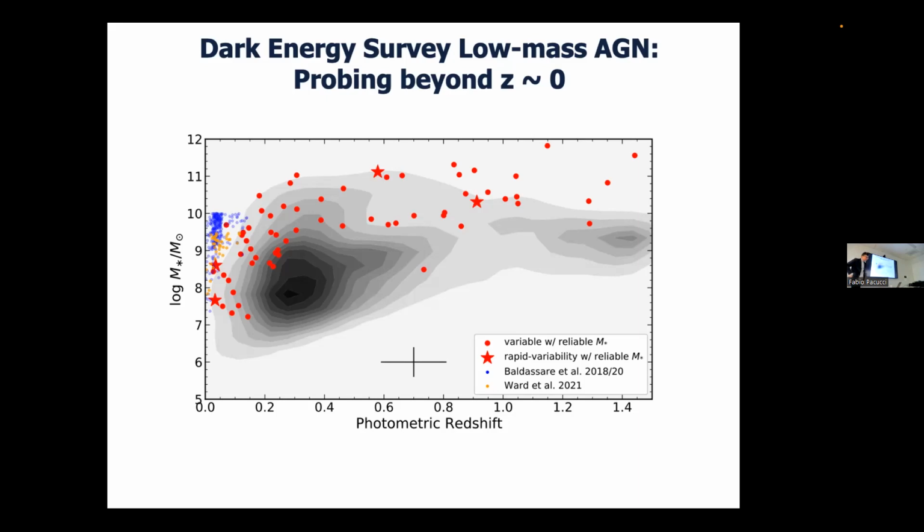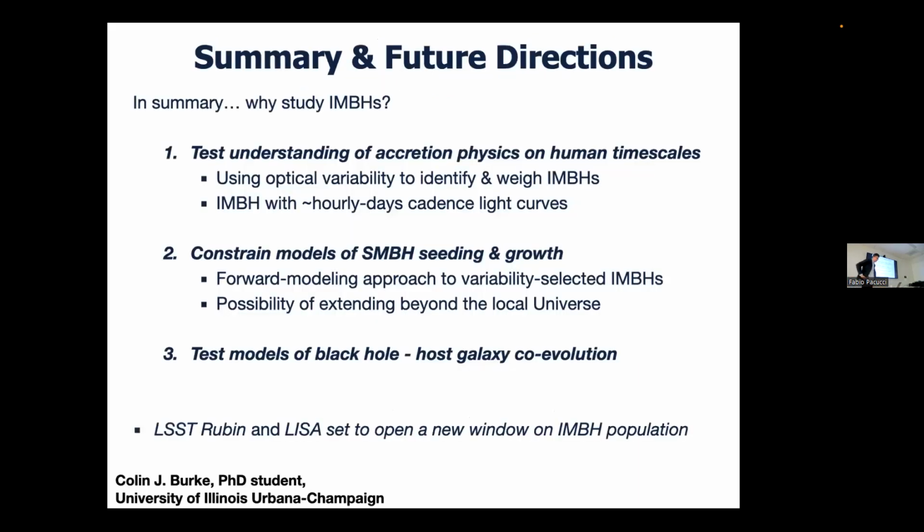So in your summary slide, point 3, could you say more about how you can use IMBHs to test models of black hole host galaxy coevolution? Yeah, I haven't done work on this really, so I'm not an expert, but I believe the different seeding scenarios do have different predictions for what you would see.